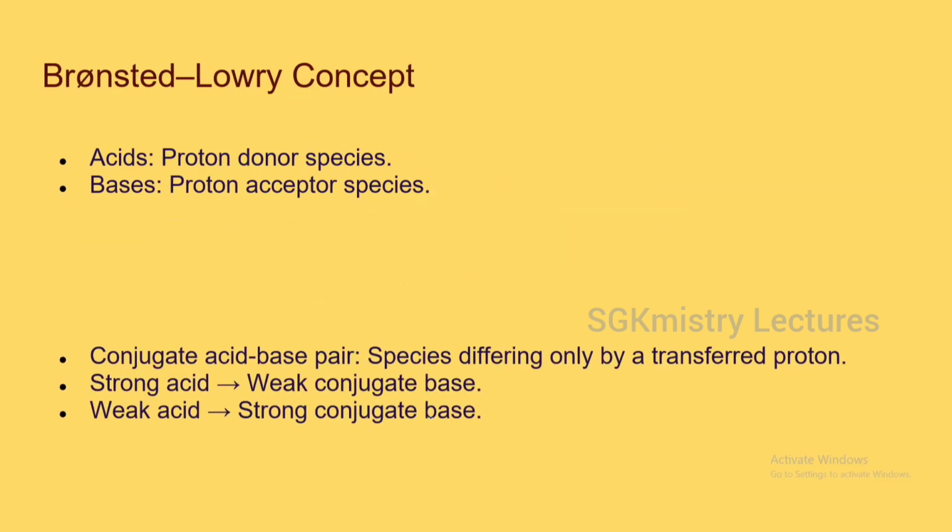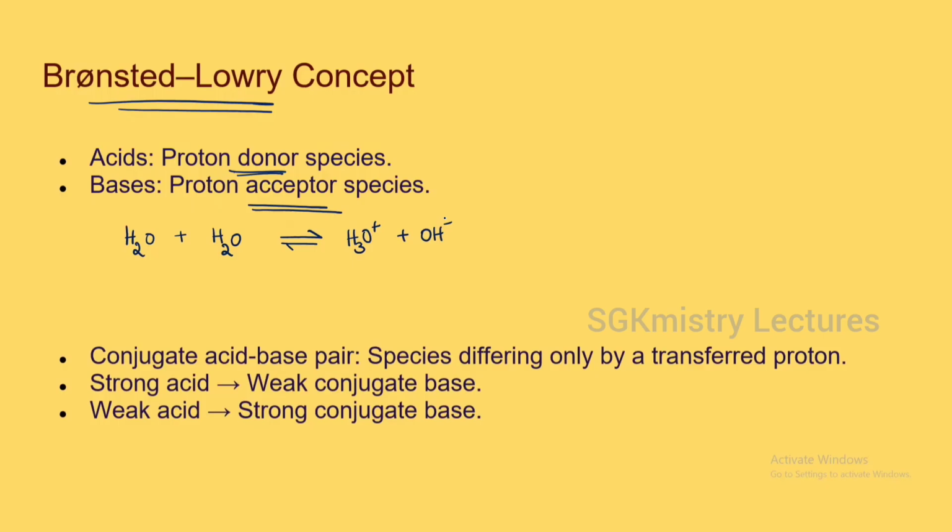The next successful theory is the Bronsted-Lowry concept, where acids were defined as proton donor species, whereas bases were considered as proton acceptor species. Now if I consider H2O plus H2O, that is the solvent, it can give rise to H3O plus and OH minus. One proton is transferred from one water molecule to the other.